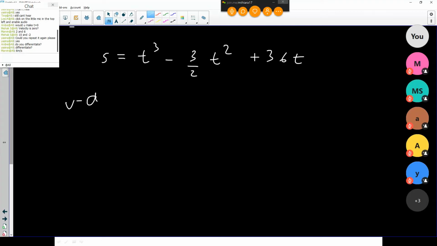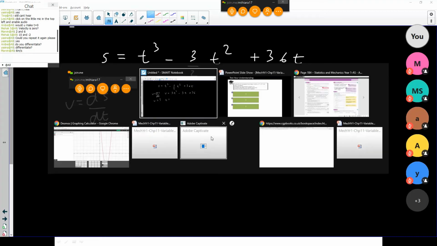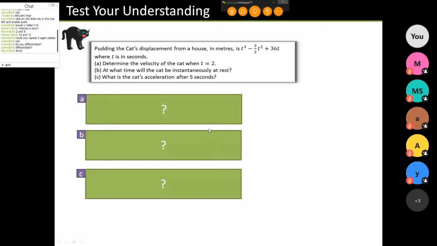So v is equal to ds by dt. So therefore v is equal to 3t squared, and if I multiply the second thing by 2, I'm going to get minus 3t plus 36. And I wanted the velocity equals question mark when t equals a particular value, and that was 2.